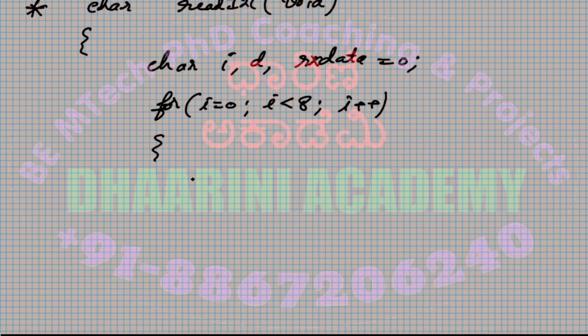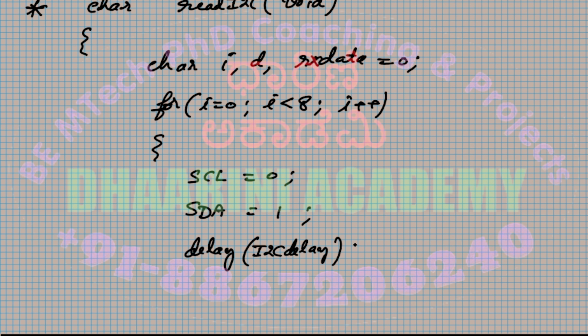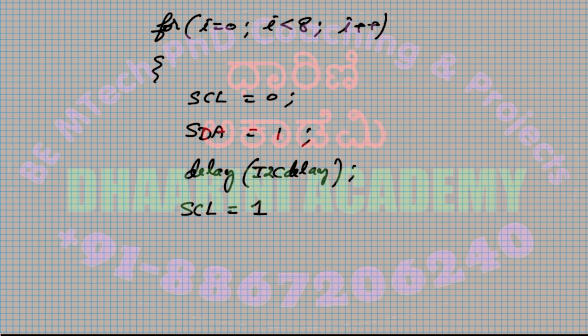The reading procedure is this: make SCL equal to 0, then make SDA equal to 1, call the delay of whatever number, I call that I2C delay, then make SCL as 1.